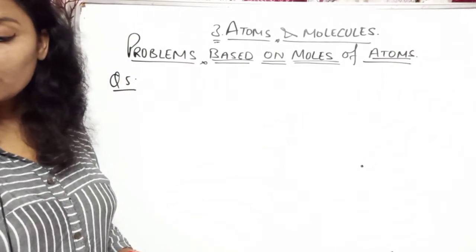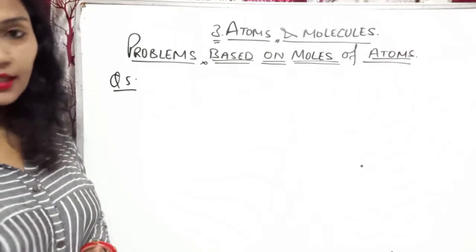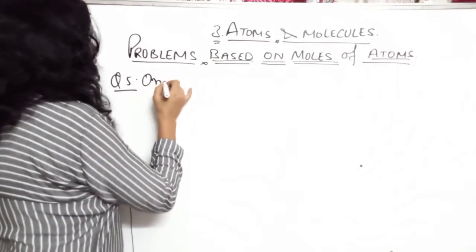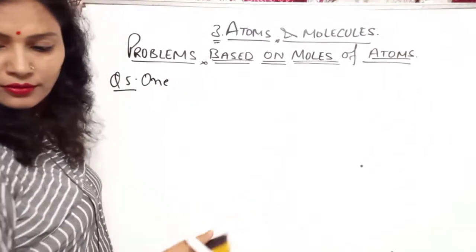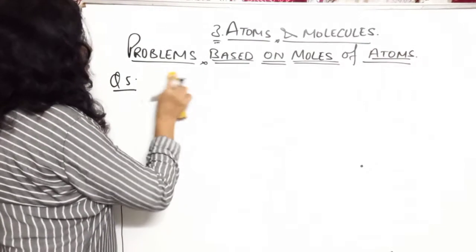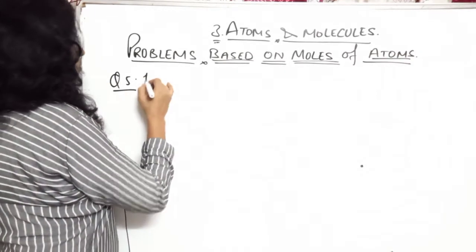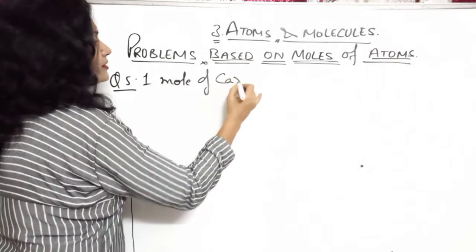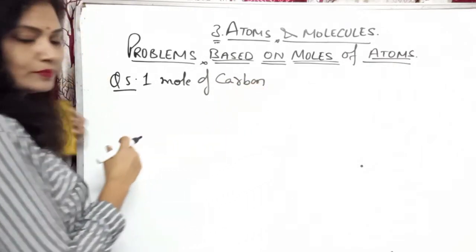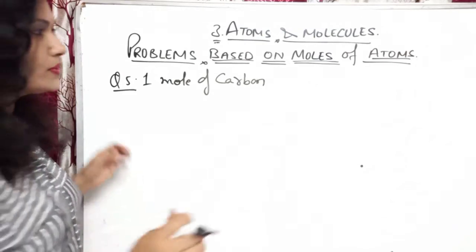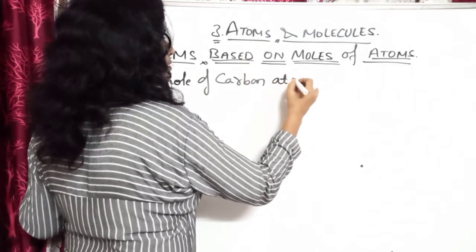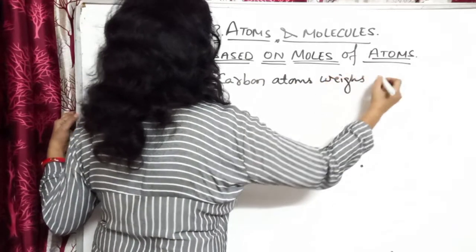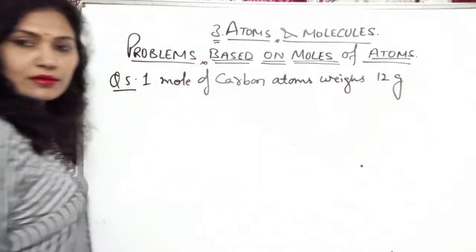Okay, now the next question. I think it is present in your book also. 1 mole of carbon atoms weighs 12 grams.